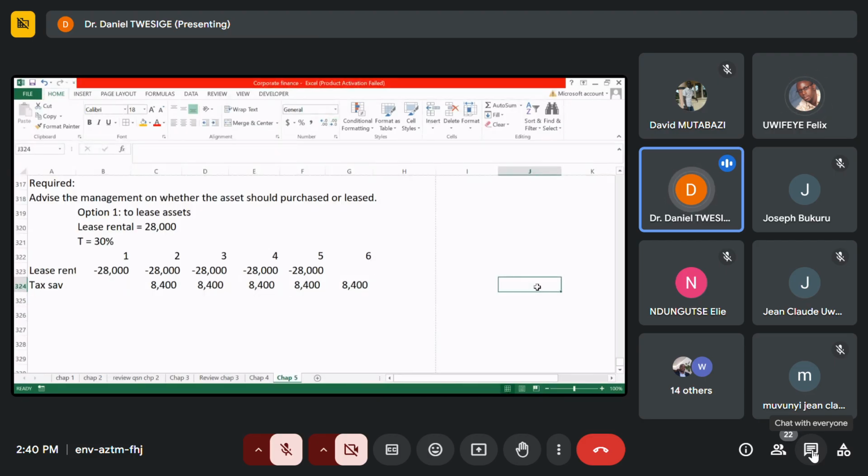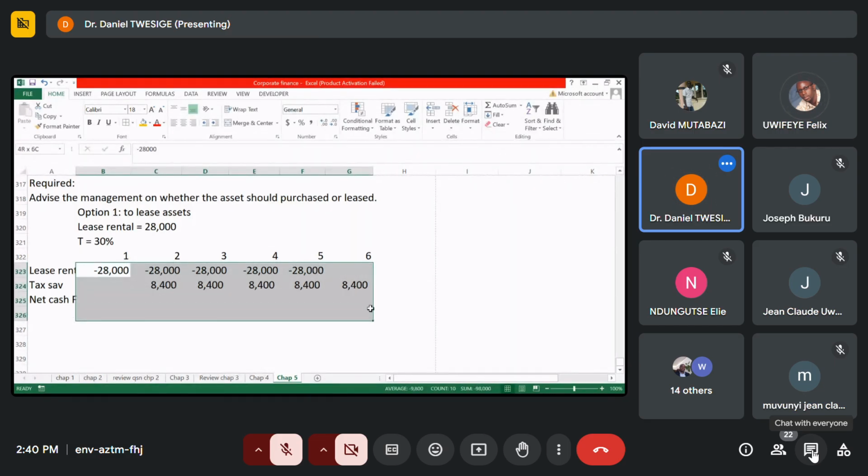That will be the tax. Now, what will be the net cash flows? This is my net cash flow.